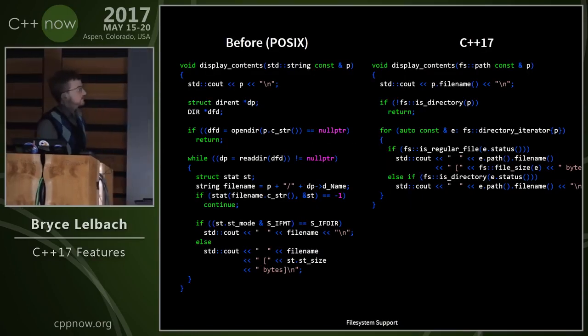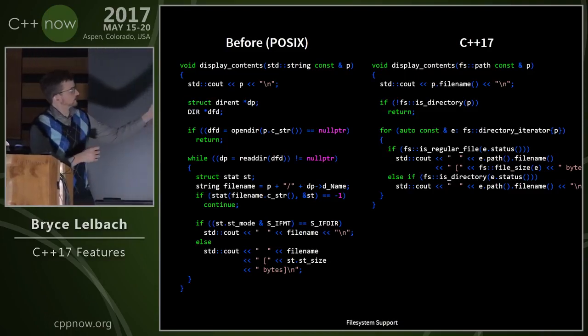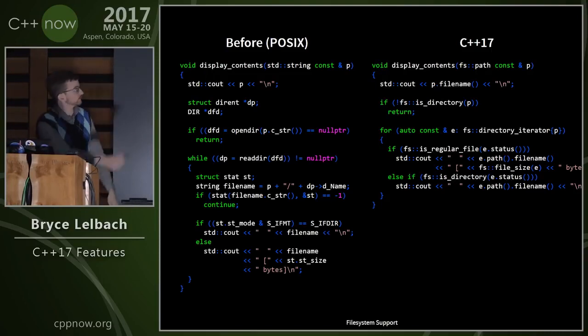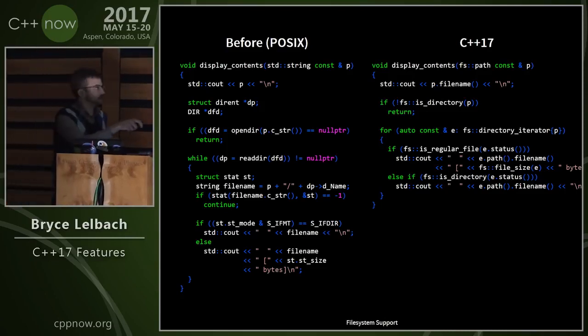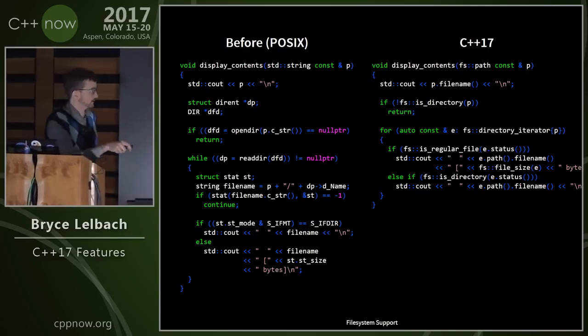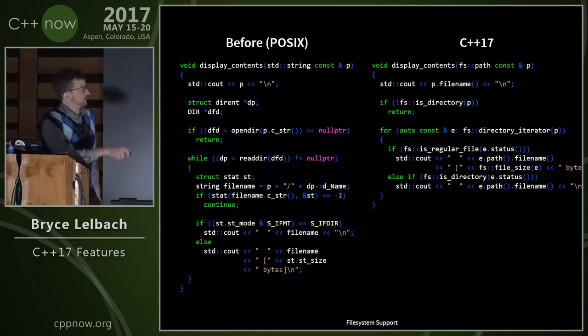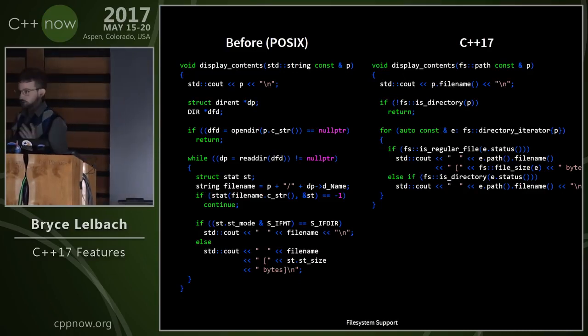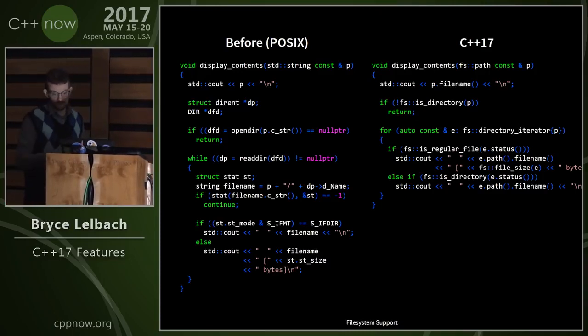So this is a function to display the contents of a directory that we're in. On the left here is the POSIX API implementation, and on the right here is the C++17 implementation where we're using directory iterators to go through it all, and querying the metadata status as we go. I think it's a much nicer API.